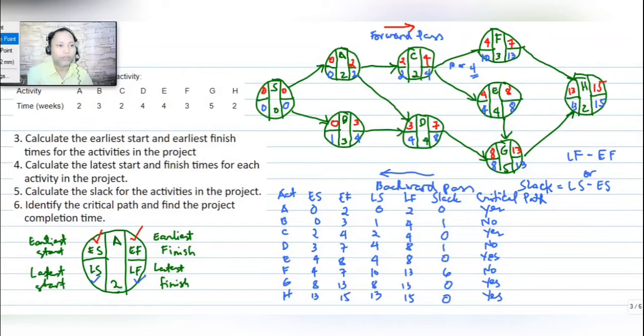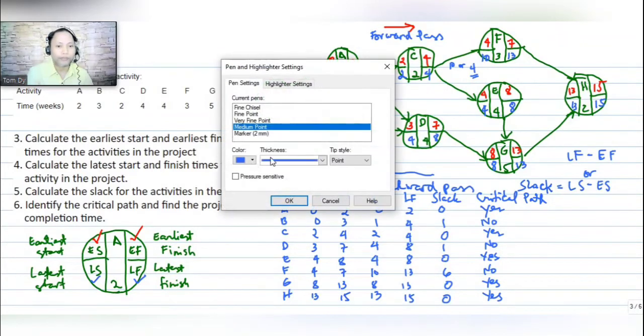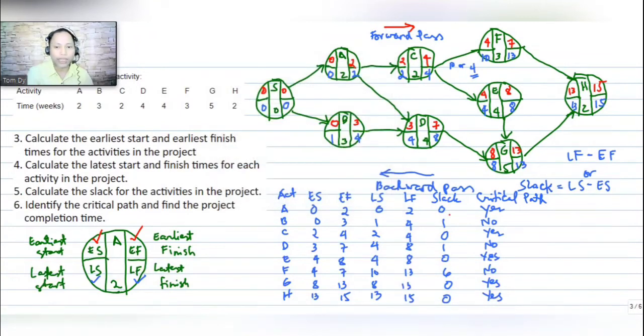So let me change my color of pen. All the zeros here are our slacks, and that is also our critical path. We have here 0, 0.